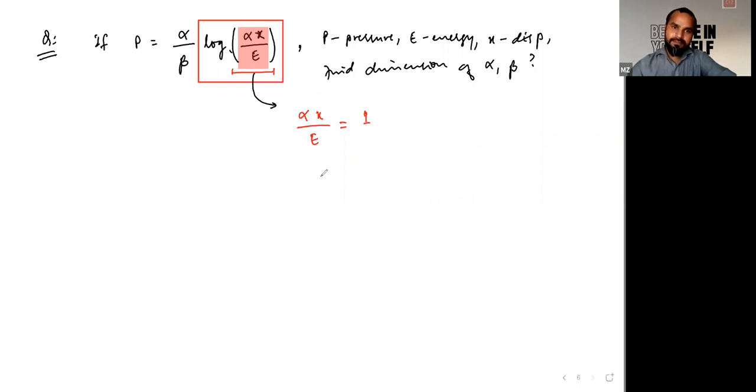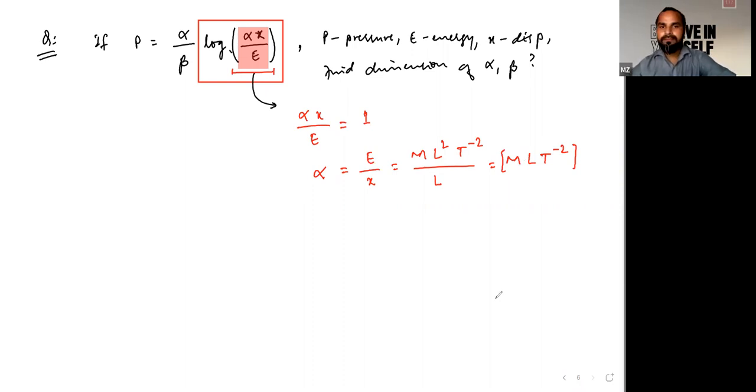Good, Savita. So on rearranging, alpha would be equal to energy divided by x. The dimension formula of energy would be M L squared T raised to the power minus 2. And x is displacement, so it would be L. Good, Riba. Nida as well. L and L cancel out, so we are left with M L T raised to the power minus 2. Okay, Rishan? Now it is clear.